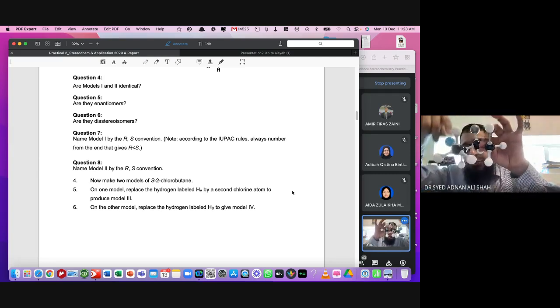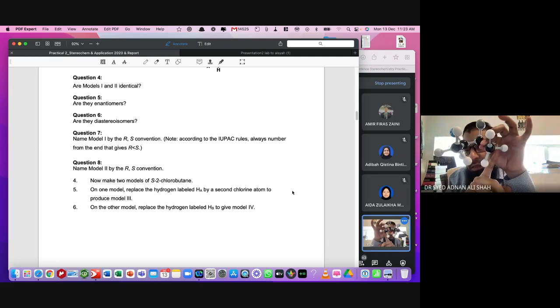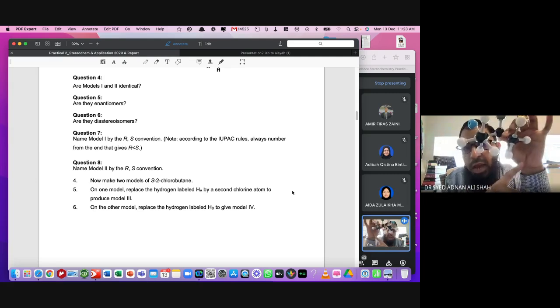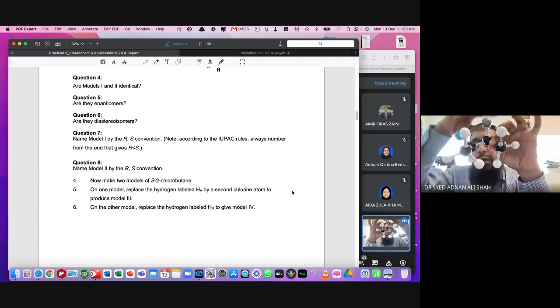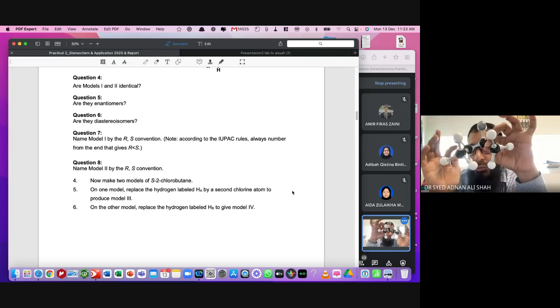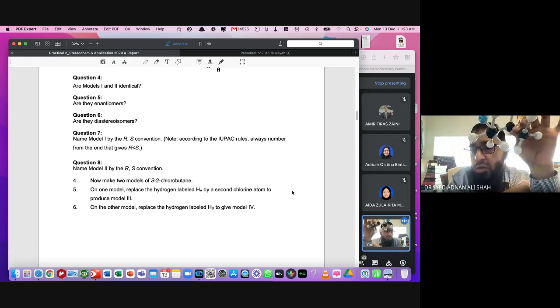And then this is 1, 2 and 3. This is R. So 2S, 3R like this. It means these have different positions of the chloride group. One is R, one is S. Maybe in the other molecule it will be S and R.